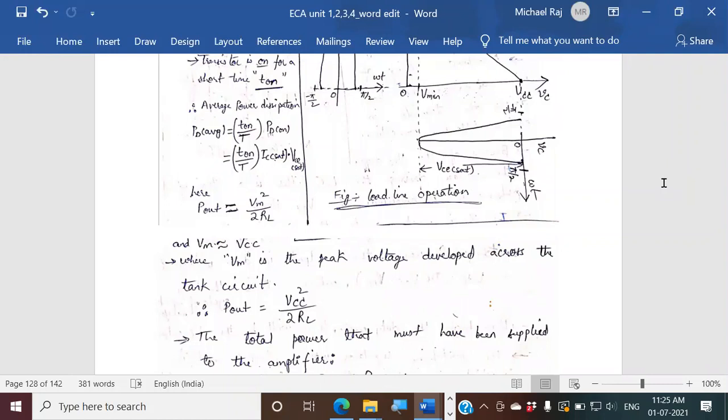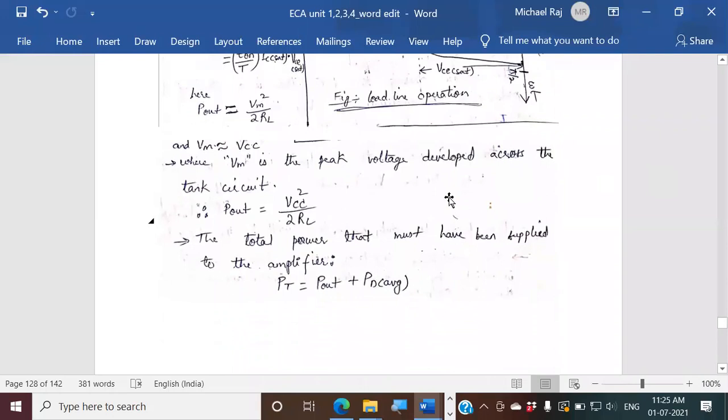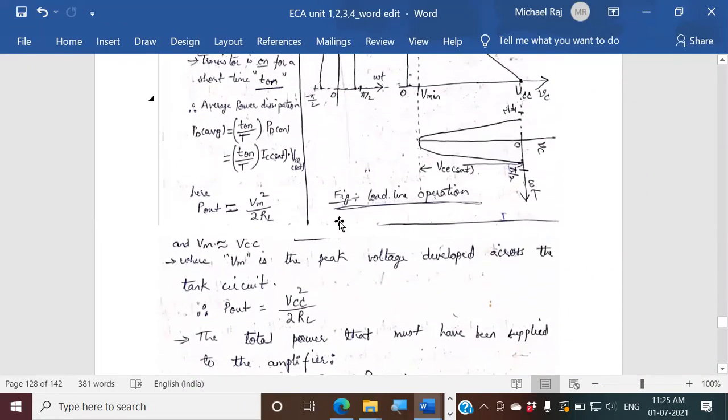What we will consider here is the output AC power, and in the previous class we discussed that it is VCC square by 2 RL. Then how can we get the input power?